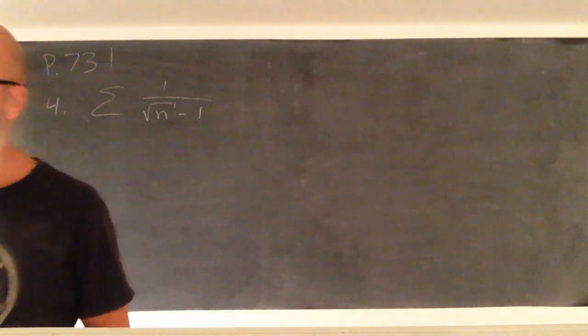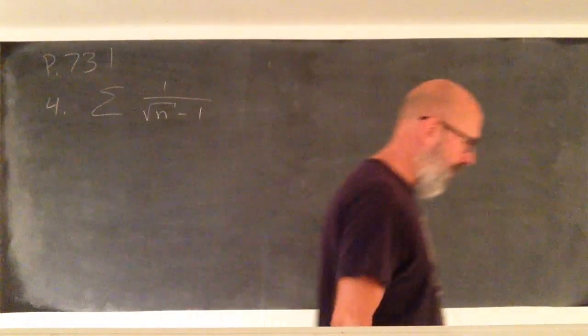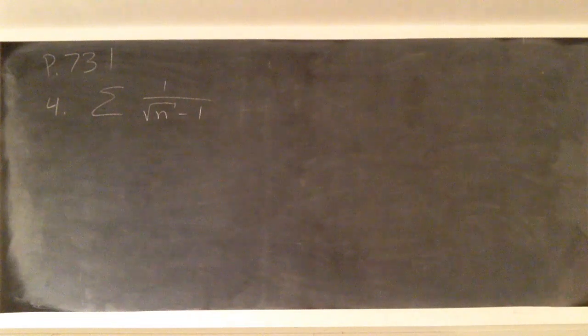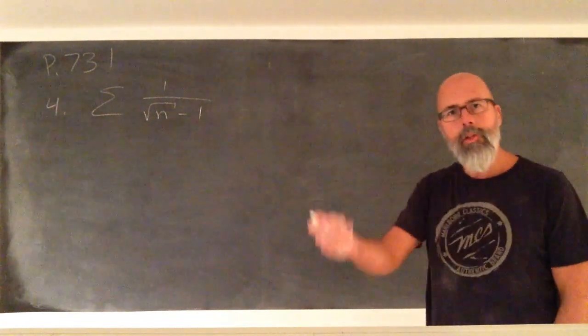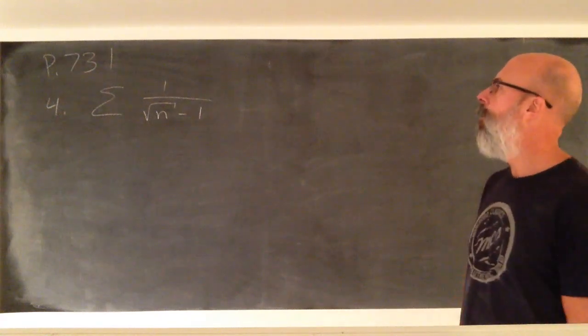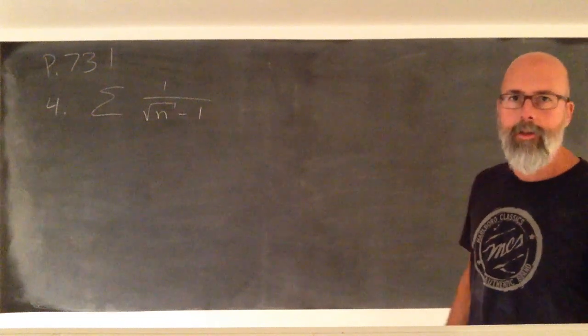We are asked to establish the convergence or divergence of this series. And you can do whatever you want. But since this is taken from the comparison and limit comparison test, why don't we practice that?